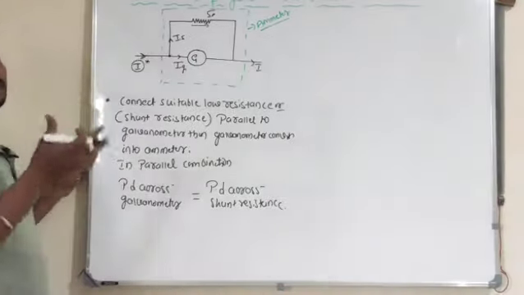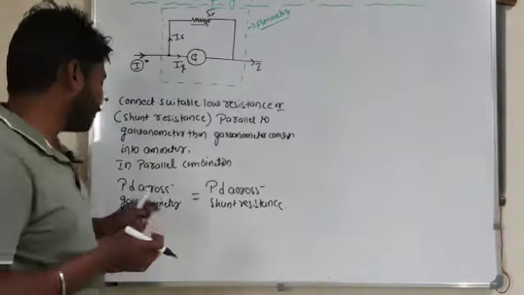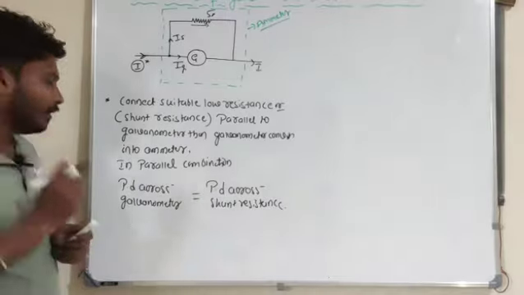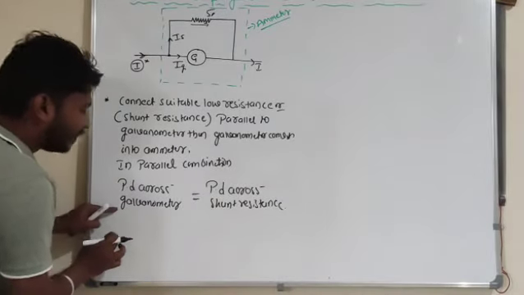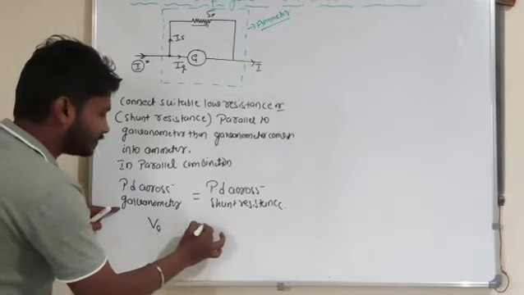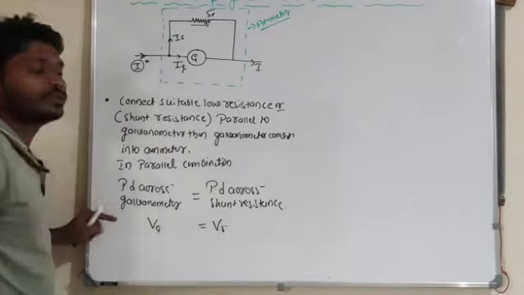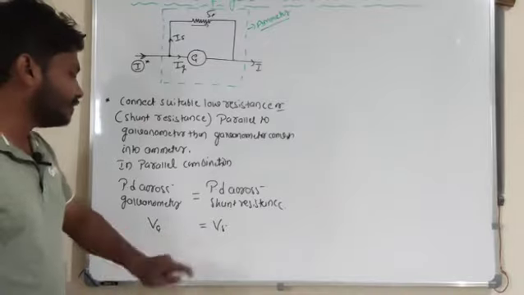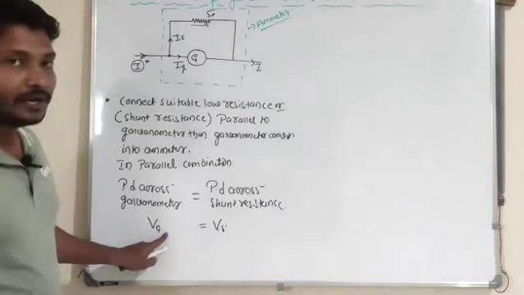What is the connecting formula for that V? Potential difference V is equal to I into R. Potential difference across the galvanometer, V of G, is equal to the potential difference across the shunt resistance. V equals I into R.